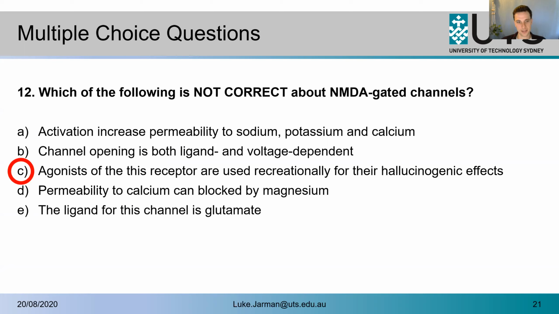It is C. Agonists of this receptor are used recreationally for their hallucinogenic effects. That's not true. I believe NMDA-gated channel drugs are usually used for pain. They're usually targets for pain relief.